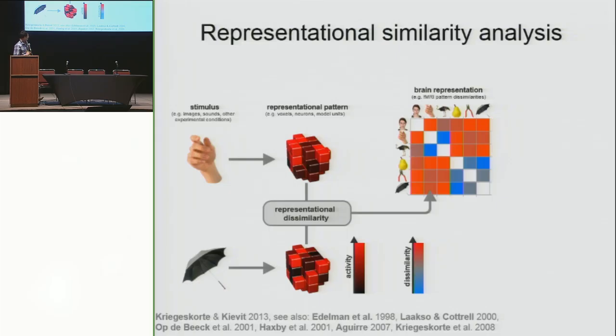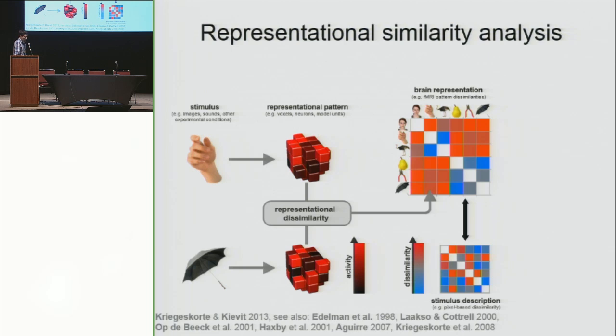And we can assemble all the comparisons between pairs of stimuli in this matrix, which we call the representational dissimilarity matrix. And this is useful because it allows us to compare the representational space in a brain region to representations obtained by other means.